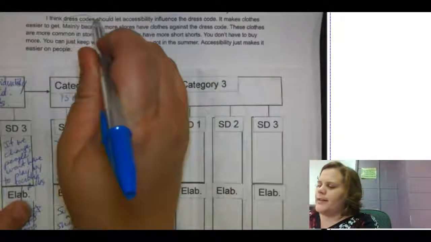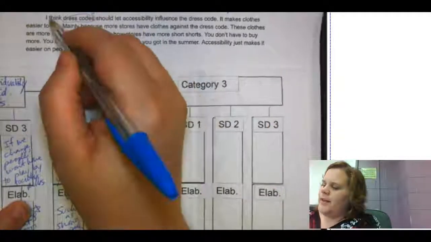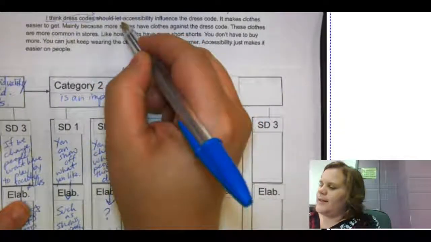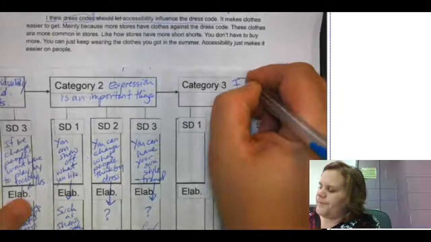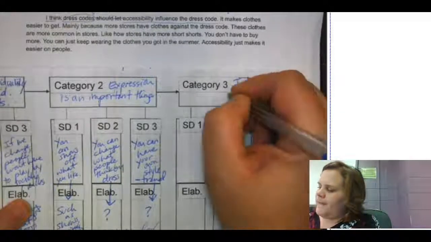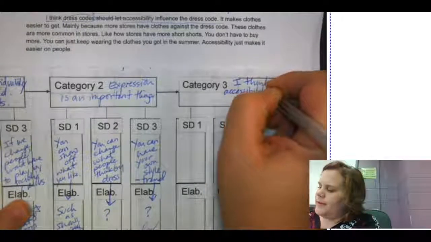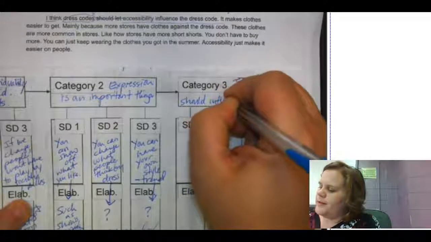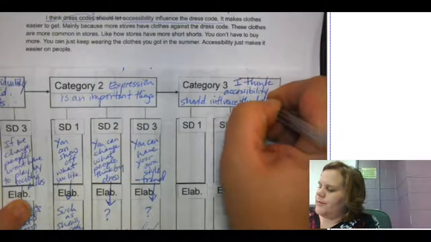I'm going to circle this and say, okay, dress codes don't influence, so I'm going to change it to, I think accessibility should influence the dress code.